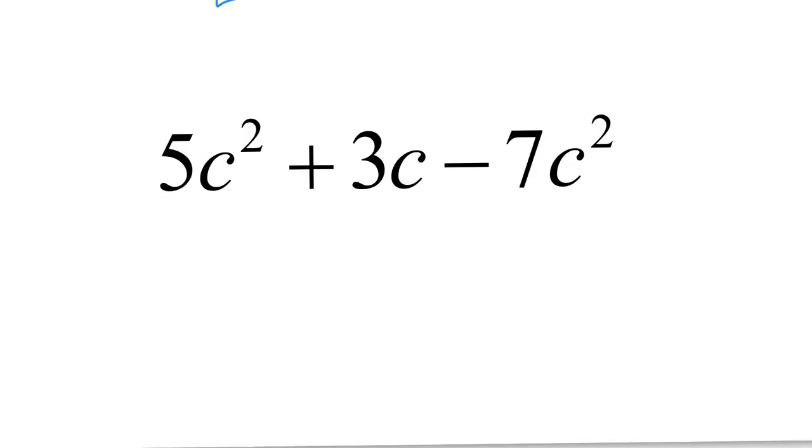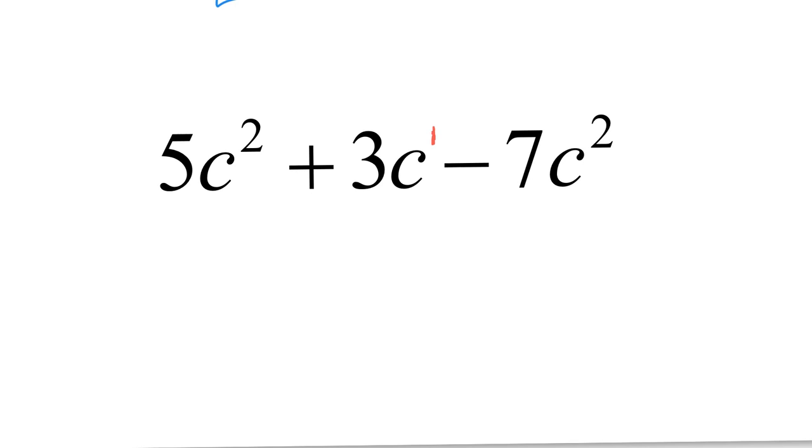Now here, you guys have the same variable, but pay attention to the exponents. This c variable has a square. This one has an invisible 1, and this one has a squared, an exponent of 2. Let me put the 1 here so you know that c has an exponent of 1. Well, you need to combine the ones that are like terms, the variables that have the same exponent.